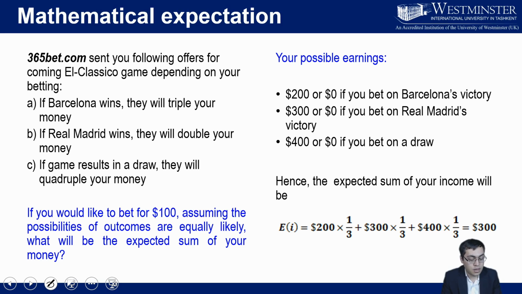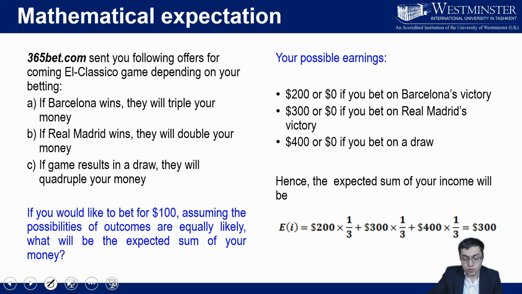And if you bet that the game results in a draw, they will quadruple your money. So if we would like to bet $100, then what will be the expected sum of my money, assuming, of course, that these outcomes are equally likely to occur.